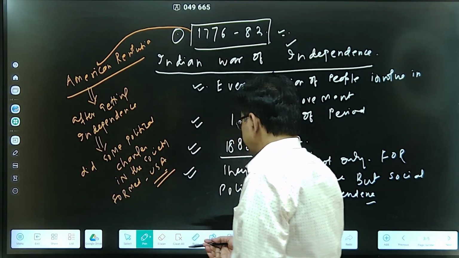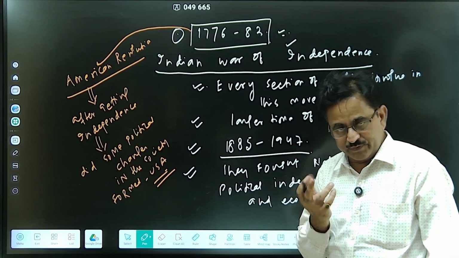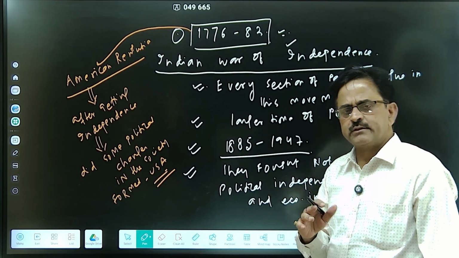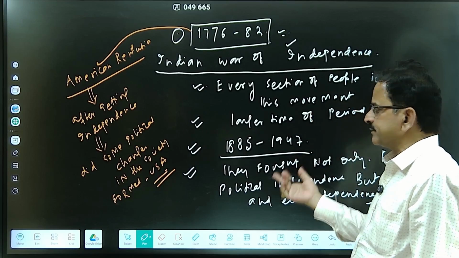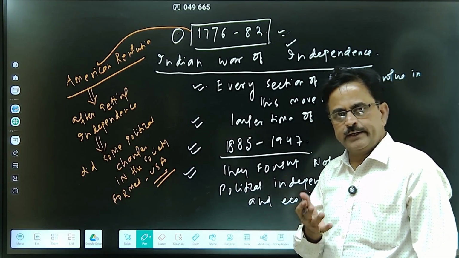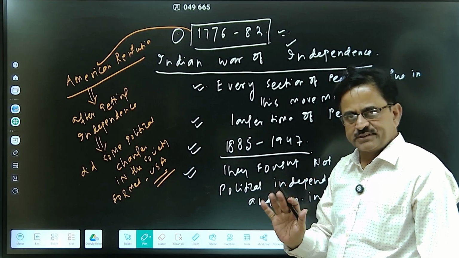So that is the reason why the American War of Independence or the French War of Independence are known only as revolutions, whereas the Indian War of Independence is known as the Indian independence or the Indian national movement. So these are the major facts.